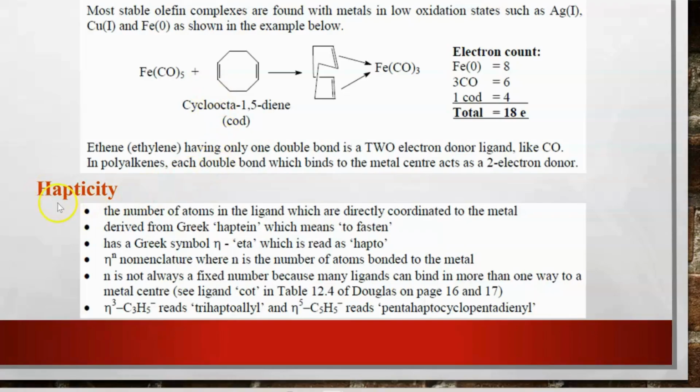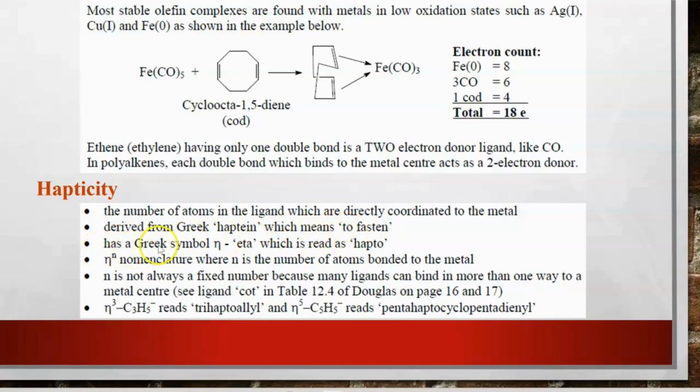Next, the definition of hapticity. Hapticity is the number of atoms in the ligand which are directly coordinated to the metal, and it is derived from the Greek haptein, which means to fasten.